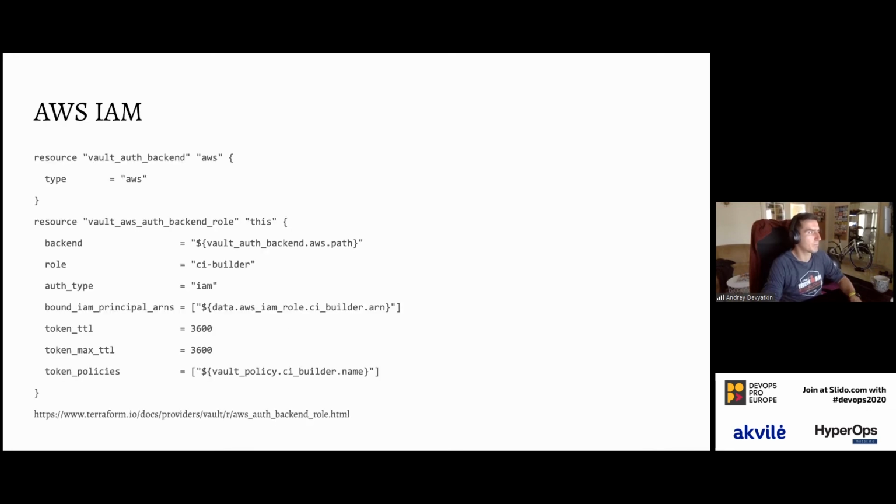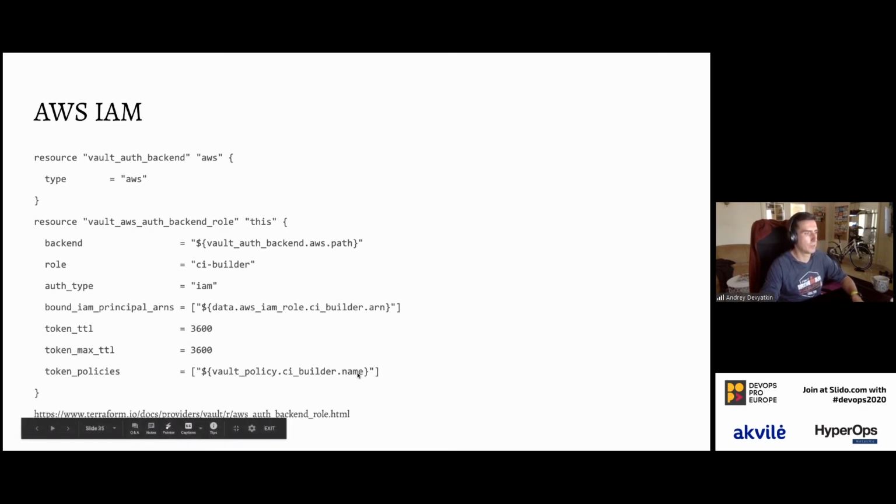So this is how it works with AWS IAM. Again, you're creating the auth backend, type AWS, and you create a backend role. We've been through this process already, so we know the types of resources we need. We create a backend role, that's going to be CI builder. We can configure different things. For instance, say we want the token that you issue using this role to be valid only for 60 minutes.